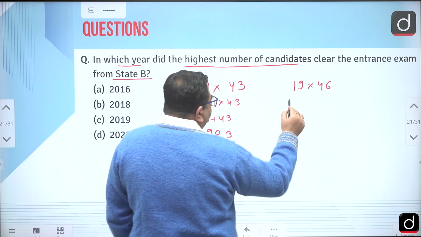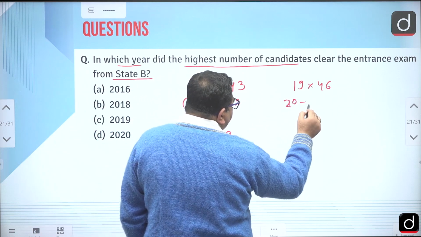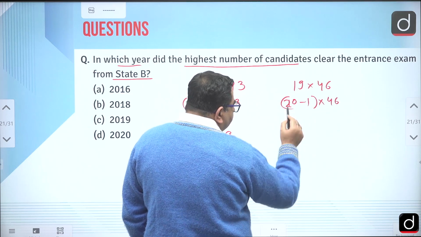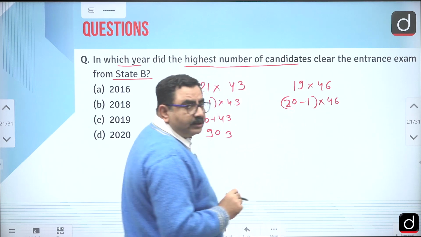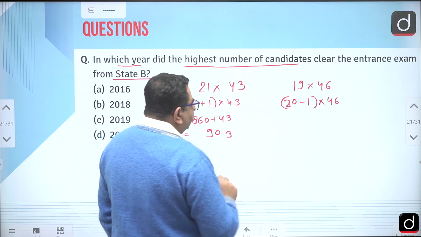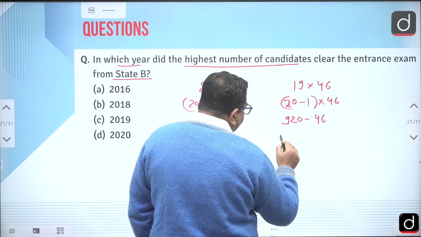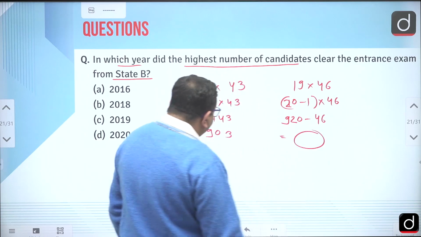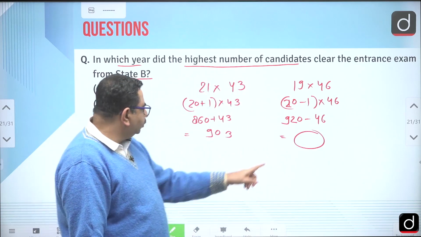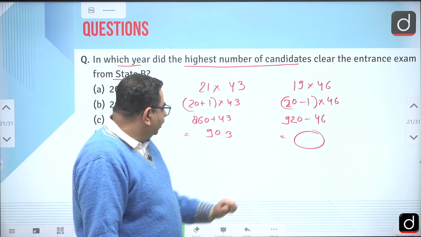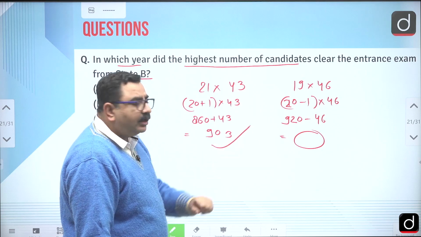Again for 19 into 46, I can write 20 minus 1 into 46. So 46 into 2 is 920, then minus 46. If we see this number, obviously it has to be less than 903, which we can observe. So this number is highest.